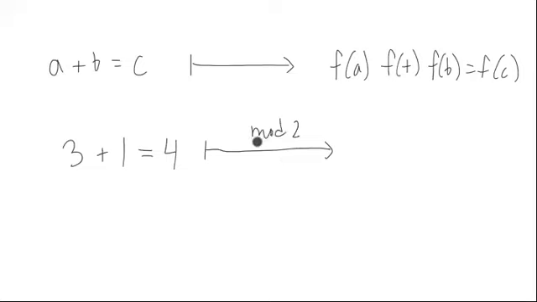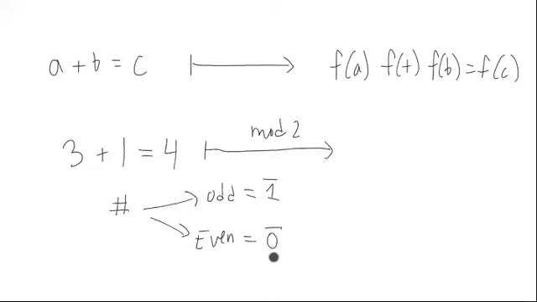That essentially means that you send a number to the idea of either odd or even. If it's odd, you output 1. If it's even, you output 0. And maybe we put a bar over this, a bar over that. So 0 bar will represent even numbers, 1 bar can represent odd numbers.